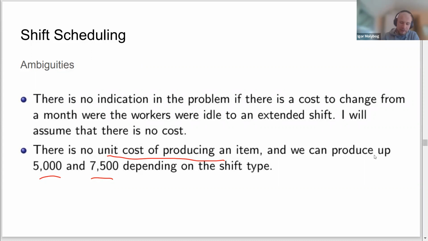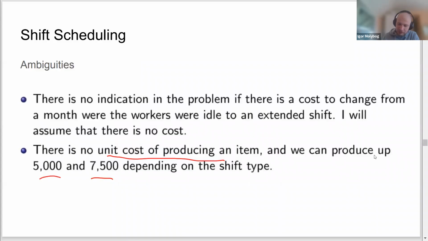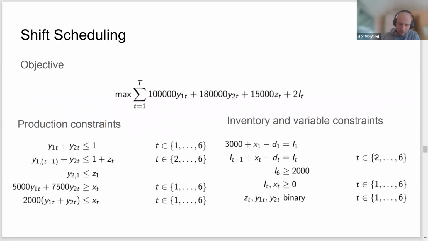So we note that there's nothing in the problem that is telling us what happens if the shift is idle and we do not produce anything in a specific month. So we're going to assume that there is no cost in going idle at all, although it's not very realistic.